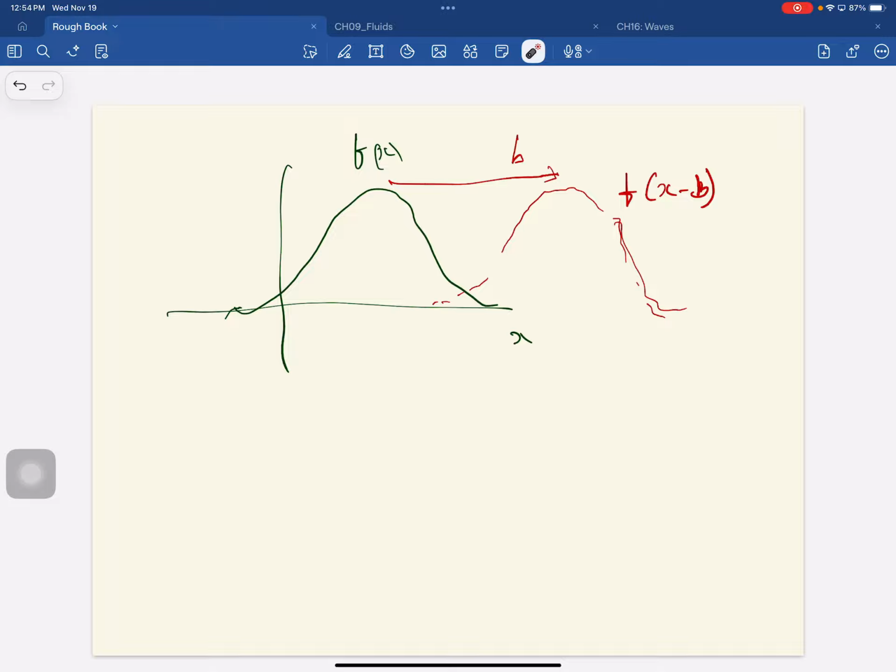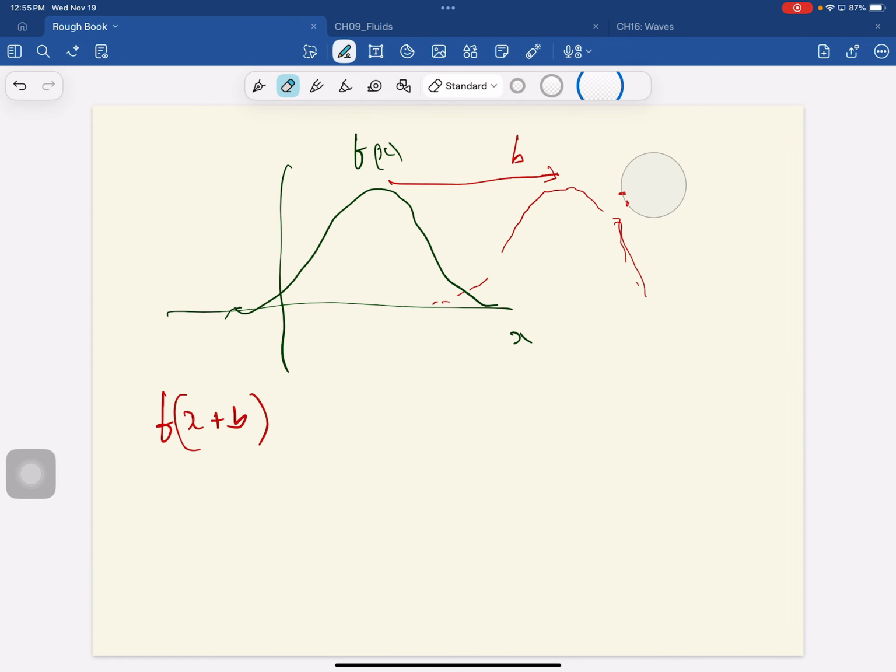If you want to shift it to the left, it's f of x plus b. Now I want to get a little more ambitious. I don't just want to shift it.